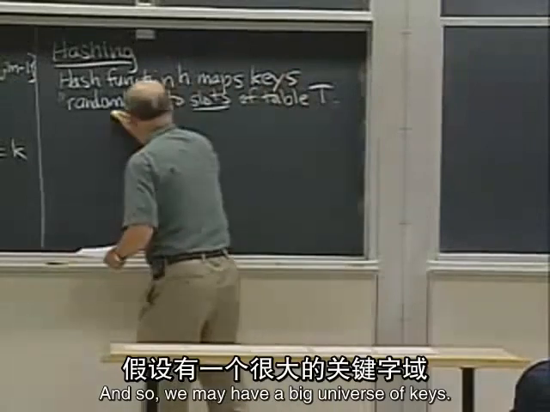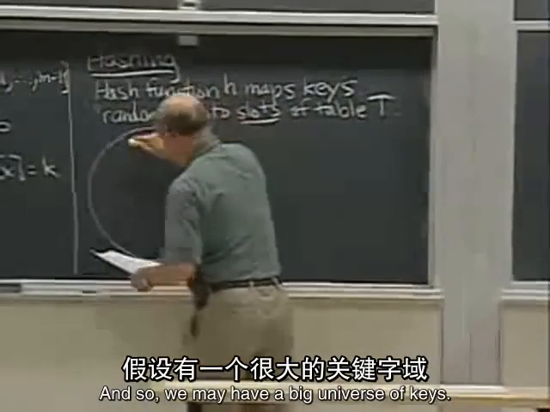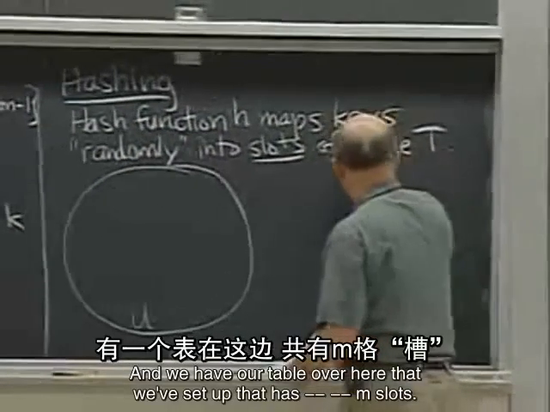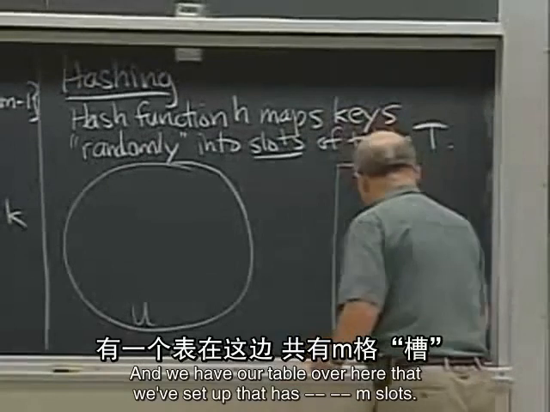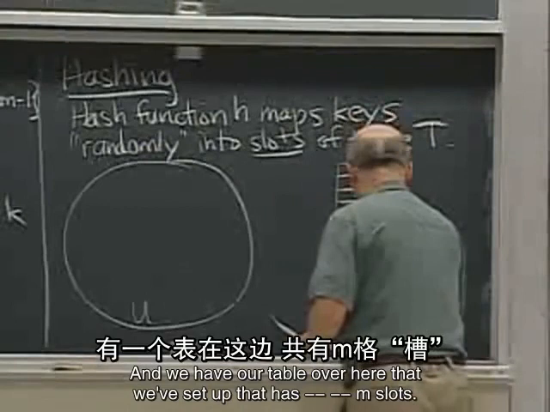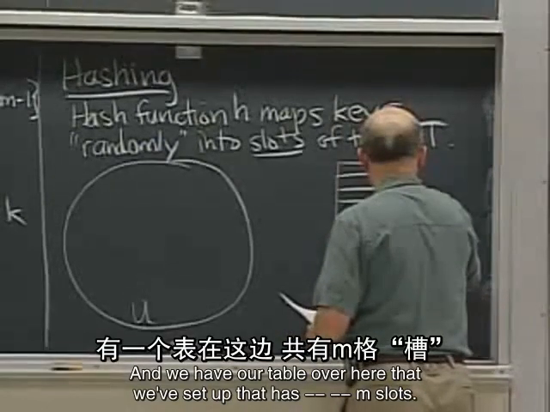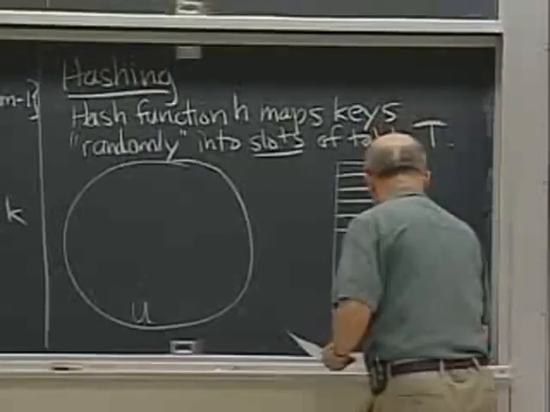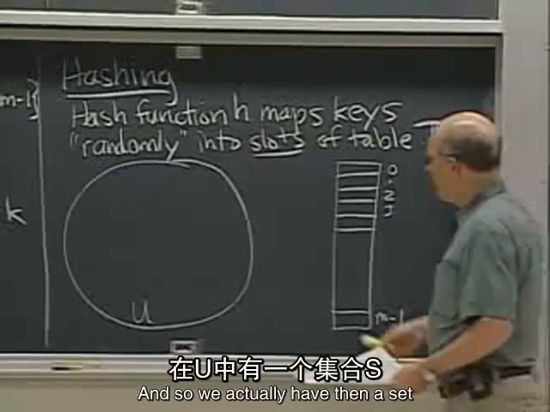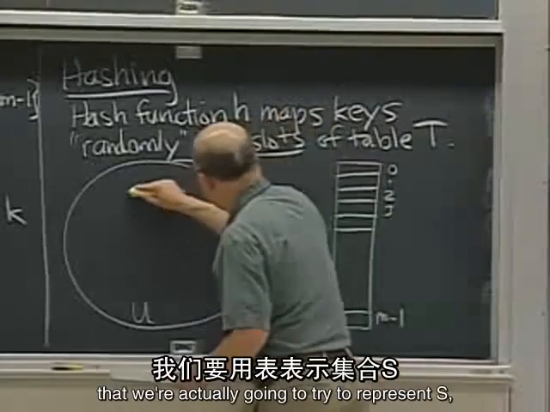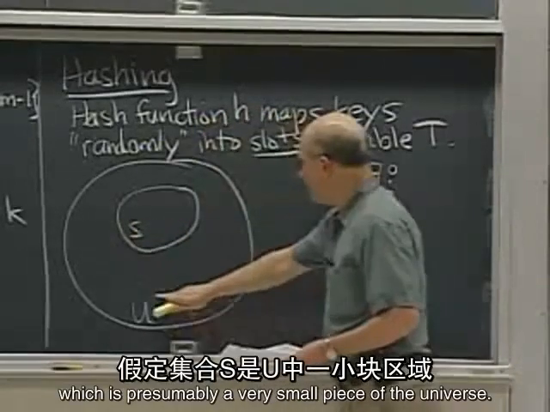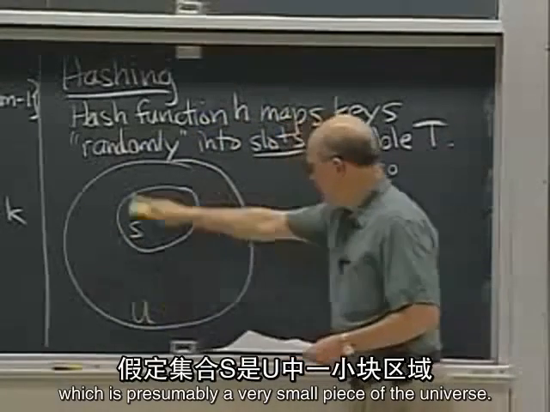We may have a big universe of keys. Let's call that U. And we have our table over here that we've set up that has M slots. We actually have a set that we're going to try to represent, S, which is presumably a very small piece of the universe.